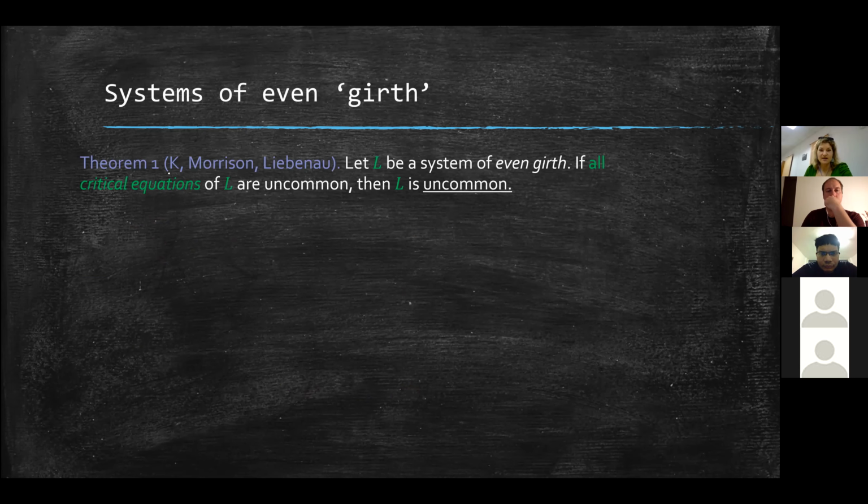Our main theorem for today says that if L is a system of even girth, something I'm about to define, and we want to deduce that L is uncommon, it's actually enough to look at certain critical equations of L. What I want you to take away from this slide is that it's enough to deduce uncommonness of L just by looking at single equations.